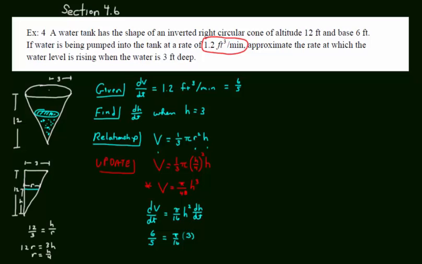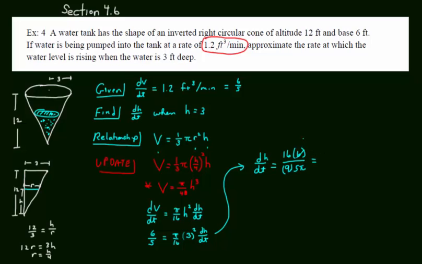3 squared. And dh dt is what we're trying to find, the rate at which the water level is rising. Beyond that, it's just simplifying or solving for dh dt. And that's going to come out to be 16 times 6 over 9 times 5 pi.